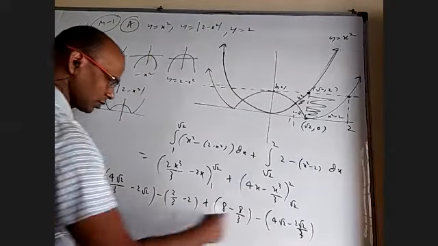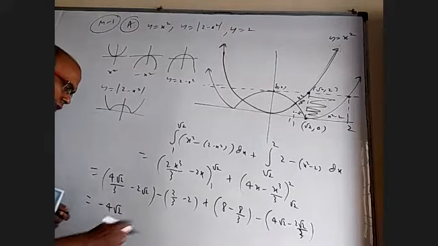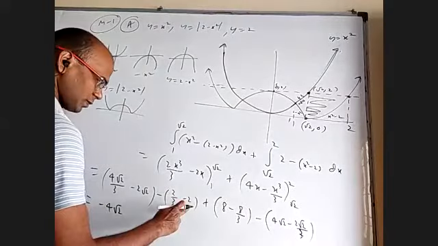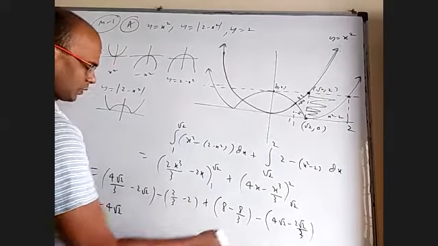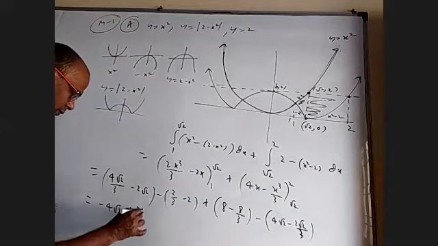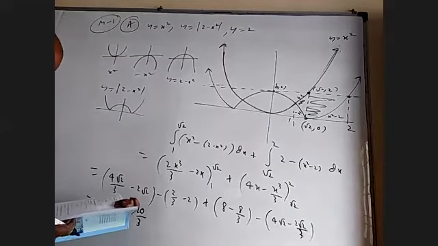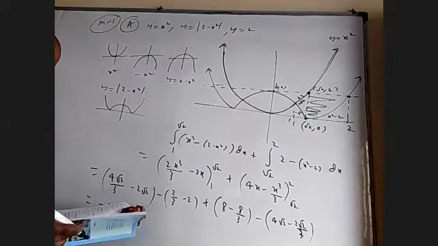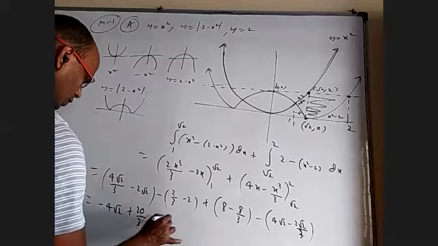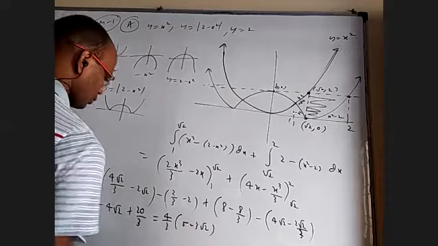The root 2 terms will cancel, so I'll have minus 4 root 2. This is plus 2, so this is 10 minus 10 by 3, which is 20 by 3. So 20 by 3 minus 4 root 2. Yes, it is there. They just gave it as 4 by 3 times 5 minus 3 root 2.